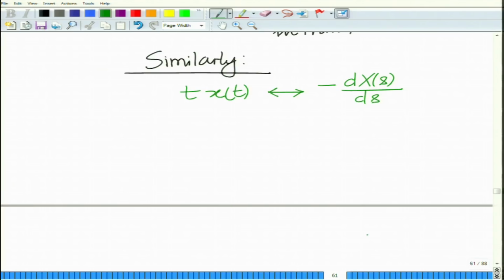Let us look at one last property, which is that of integration in time. Let us consider an integrator, for instance an integrator circuit which performs integration in time, and you can show that it is basically a low pass filter.